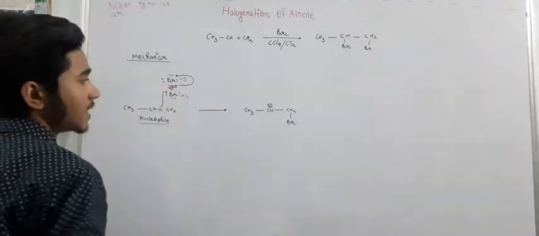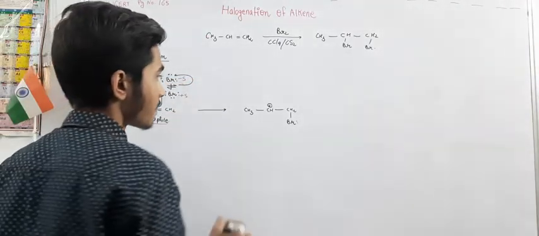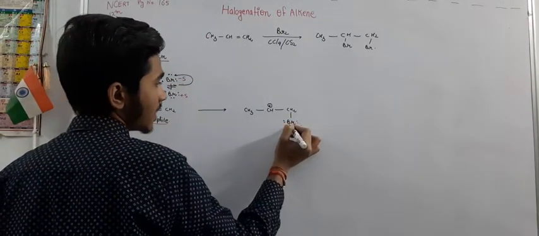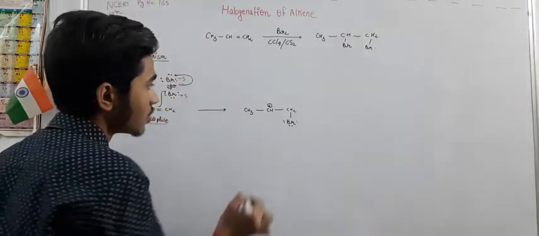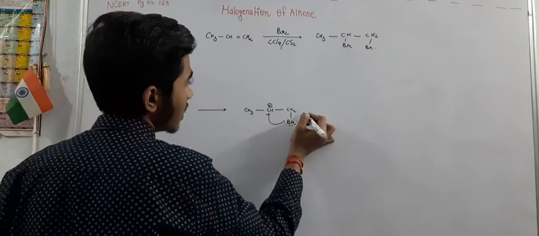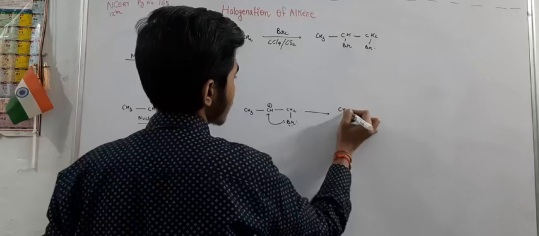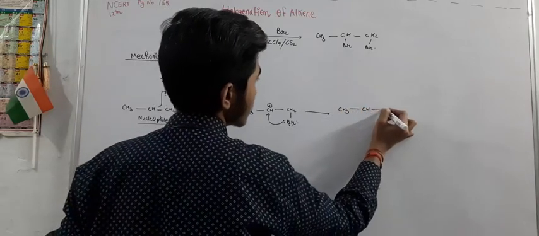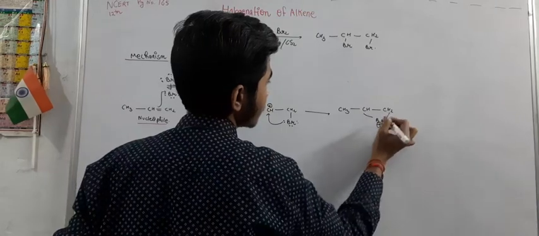So this electron pair is free as Br minus. But simultaneously, a carbocation is formed here, so bromine will share its lone pair with this carbon.